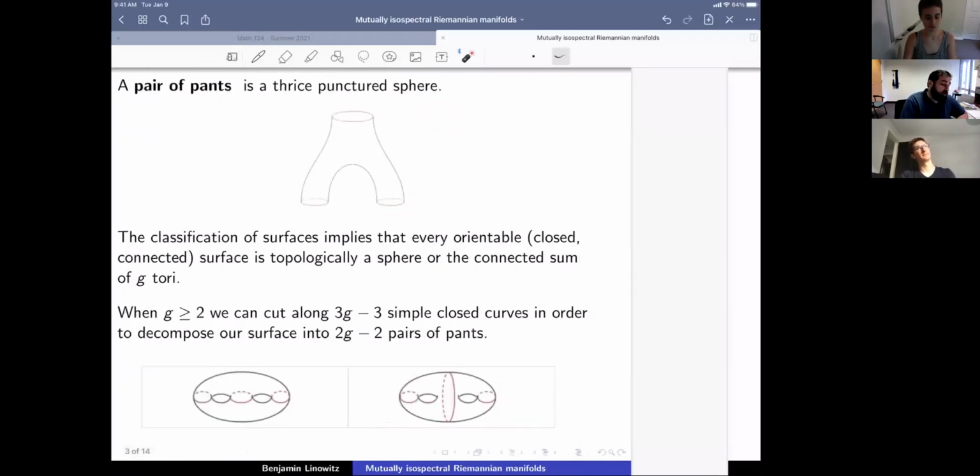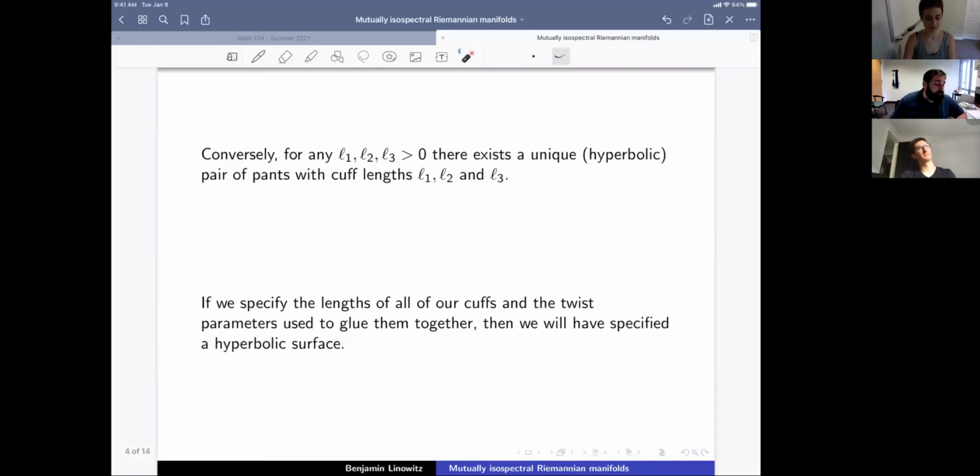To produce a pair of pants with 3 arbitrarily chosen cuff lengths, you take a pair of hyperbolic hexagons and glue them along 3 of the edges, and you make the other edges of lengths 1, 2, and 3.